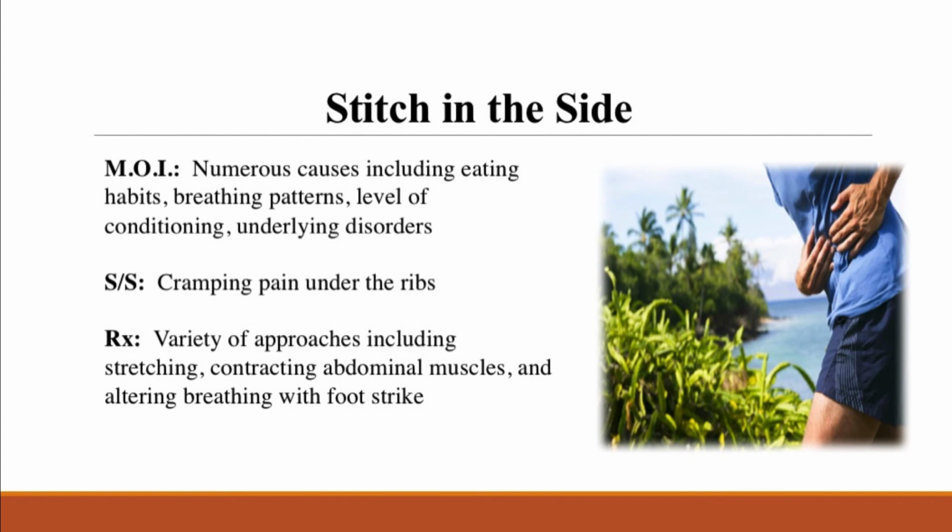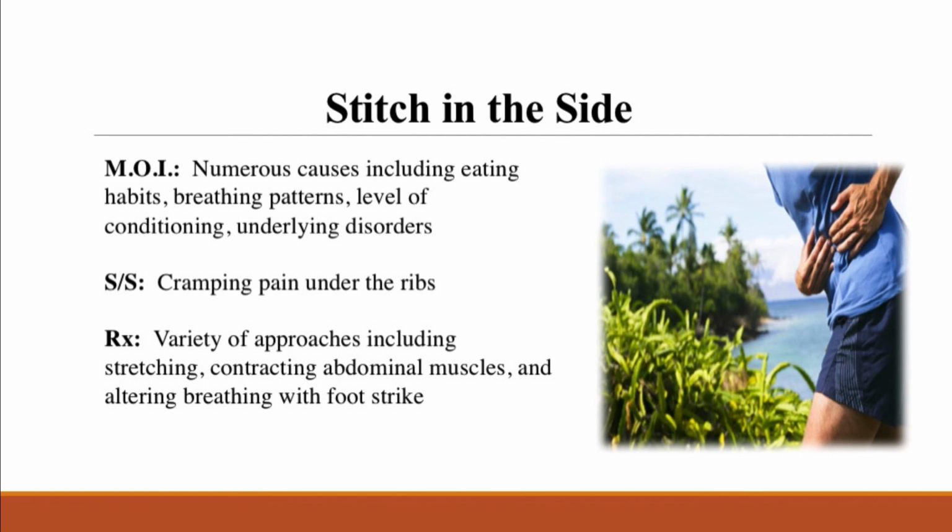Weak abdominal muscles may also cause this, as well as inappropriate breathing techniques and issues with the underlying organs. It's important for the athlete to empty the bladder and bowels and to avoid a large or fatty meal prior to extensive activity. Proper breathing techniques should also be instructed.